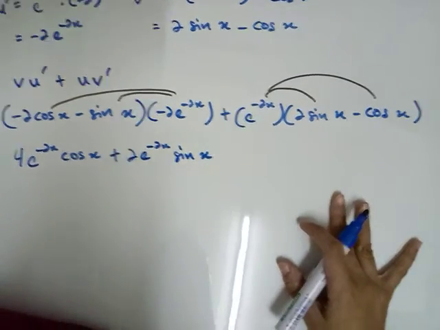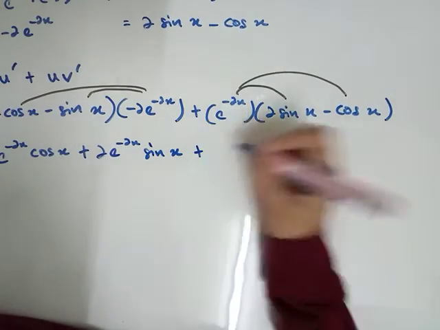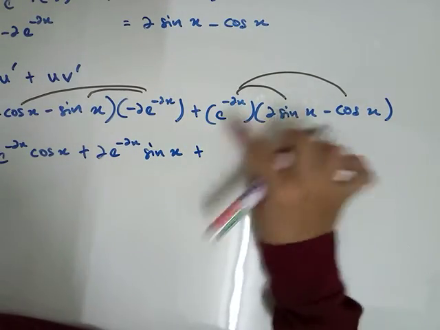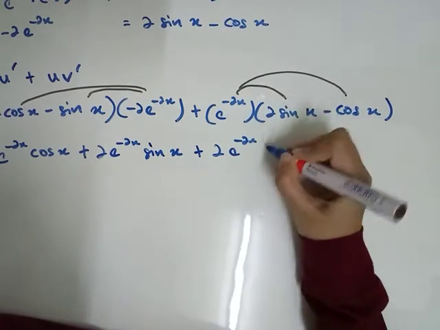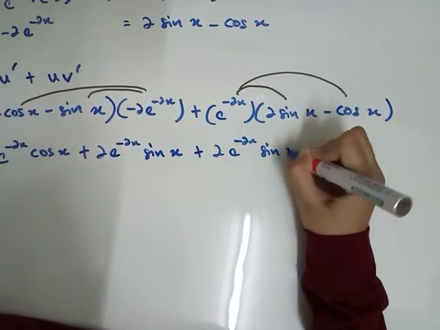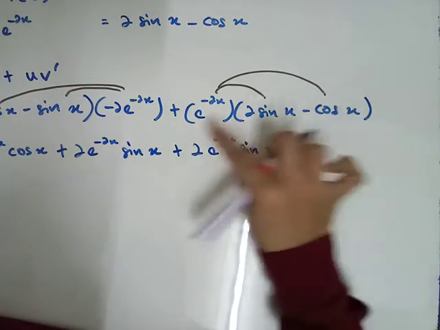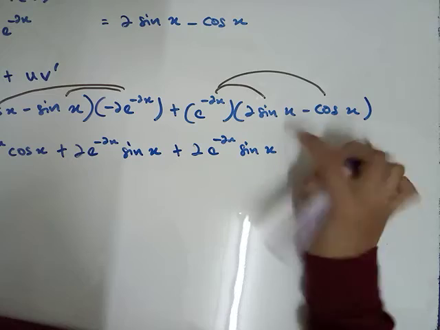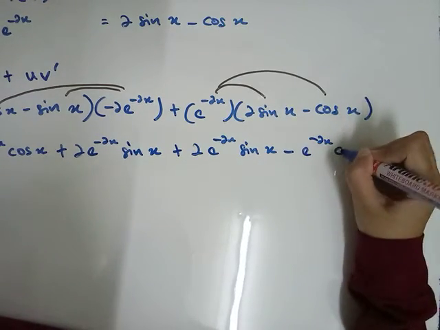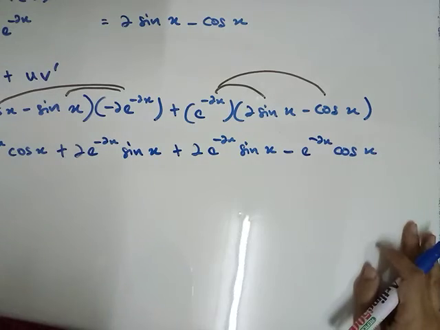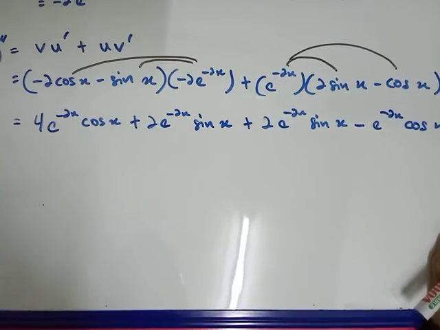And then exponent times 2 sin x, 2 is a constant, bring in front 2, and then take exponent times sin x. And then exponent times cos x, positive, negative, it should be negative exponent cos x. Alright? Can you see? And then what?